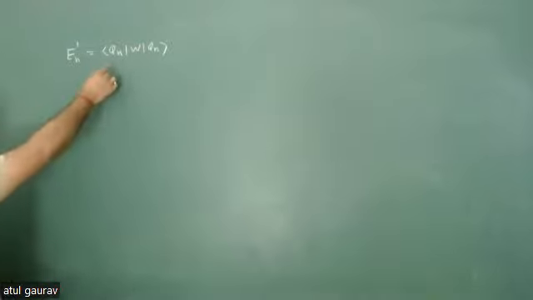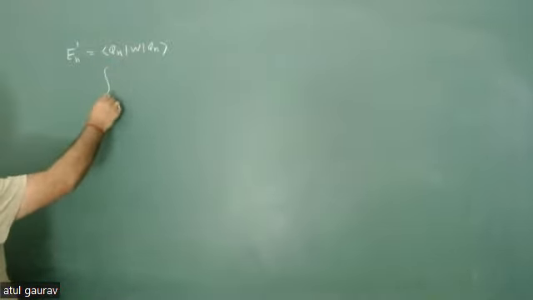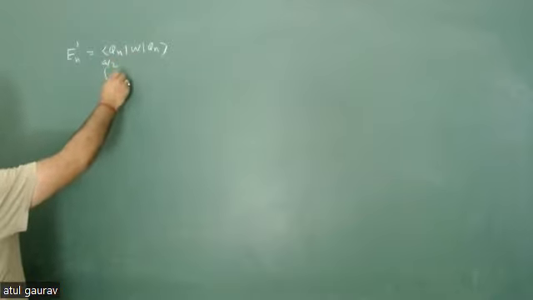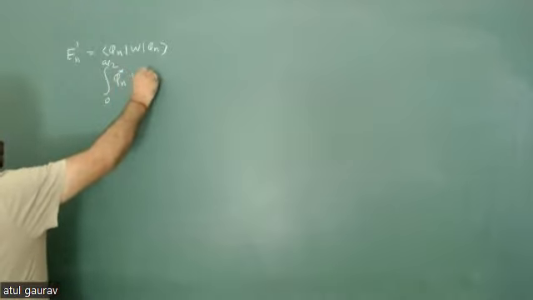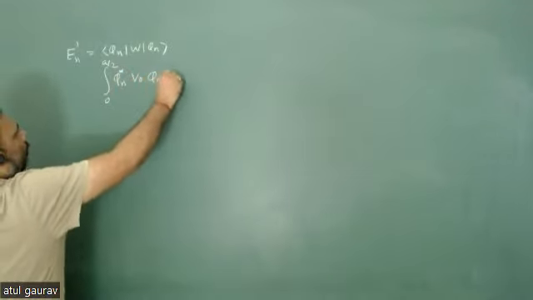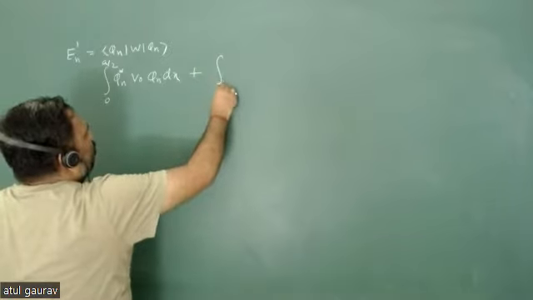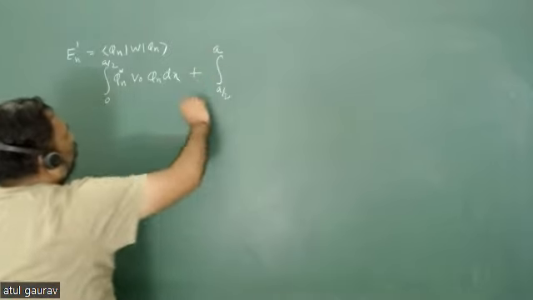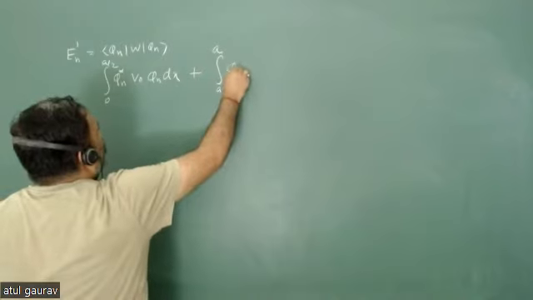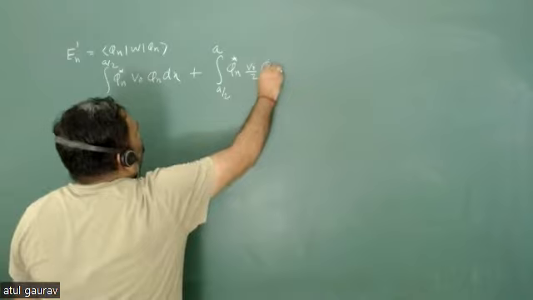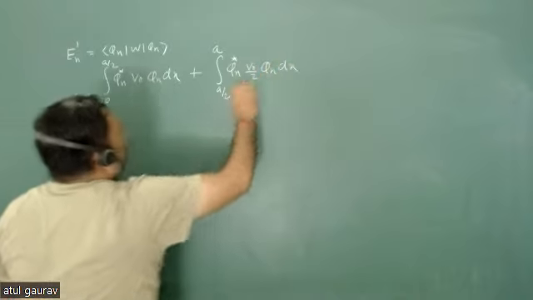The first integration is 0 to a by 2, where W is V naught: phi n star V naught phi n dx, plus a by 2 to a of phi n star V naught by 2 phi n dx.